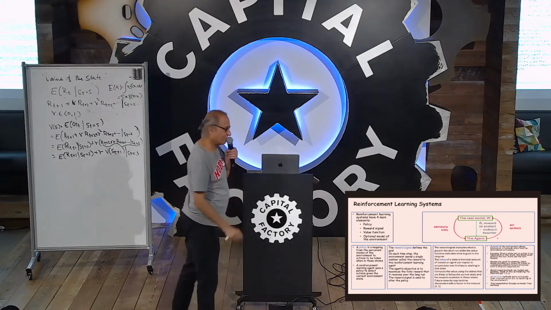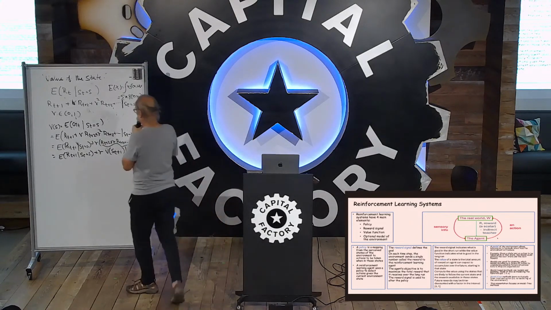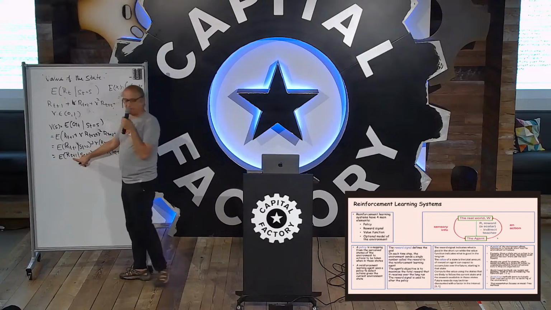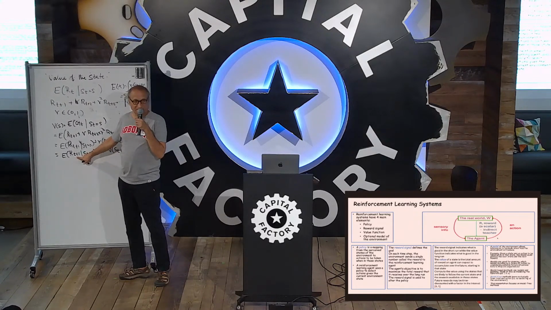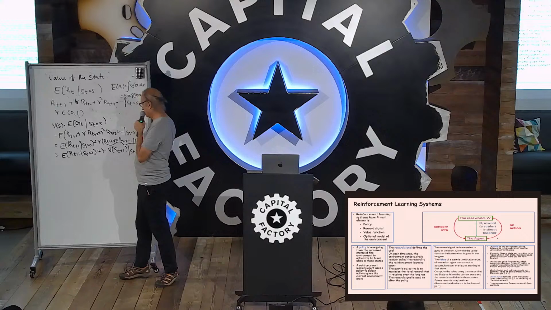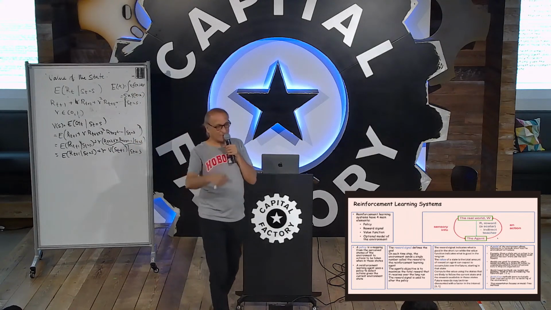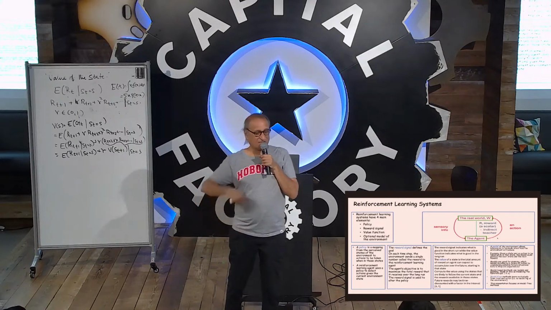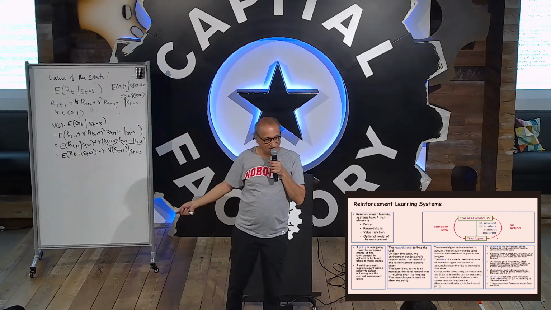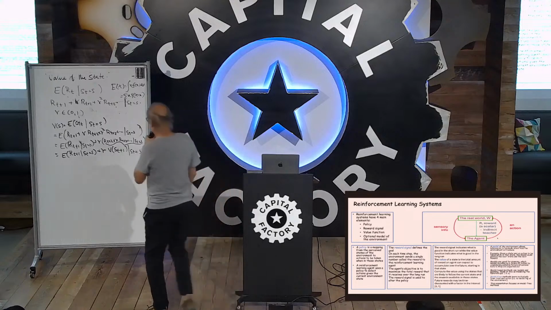We are breaking it up into two pieces: the average immediate reward, the expected reward at time t+1, because at time t, I'm in state S, and now I'm taking an action, and so I observe my reward at time t+1.